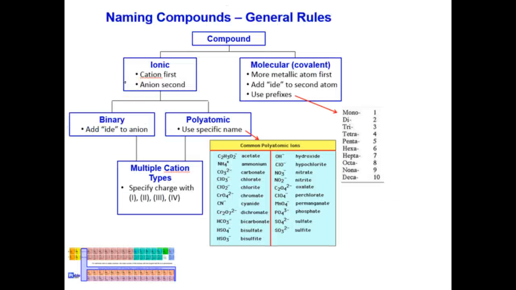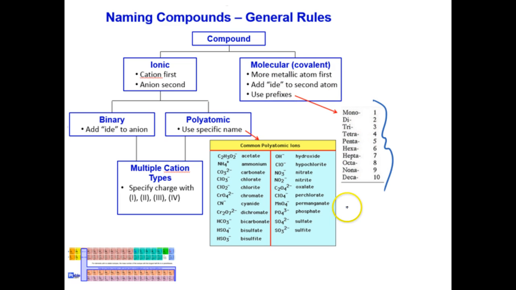Now let's go ahead and take a look at some rules for naming molecular or covalent compounds. The first thing we need to look at is that all of a sudden we're adding in these prefixes. These mono, di, tri, tetra, penta, etc. These only come into play with covalent compounds, right? These molecules.